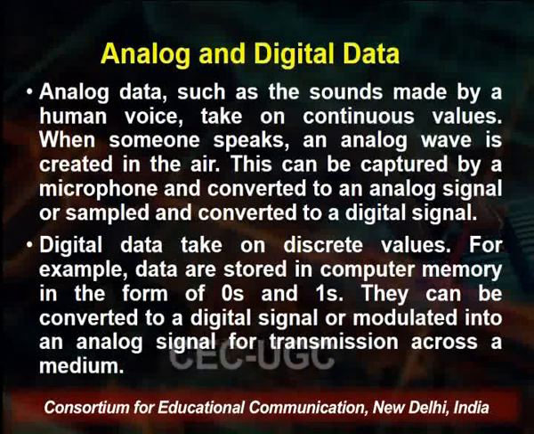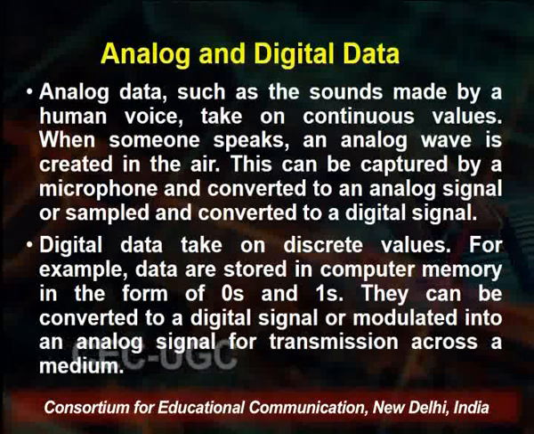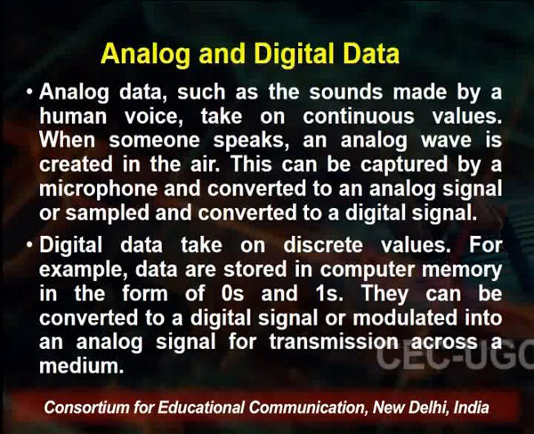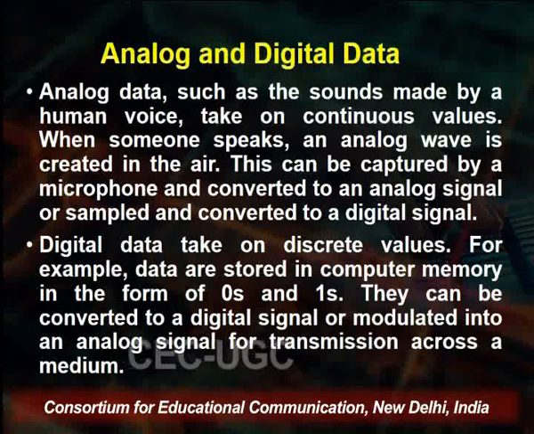We all know that a computer is a digital device, so all data stored in and processed by a computer has to be in a digital format. All data in a computer is in the form of 0 and 1, these two discrete values. So data is converted to a digital signal or modulated into an analog signal for transmission across a medium.